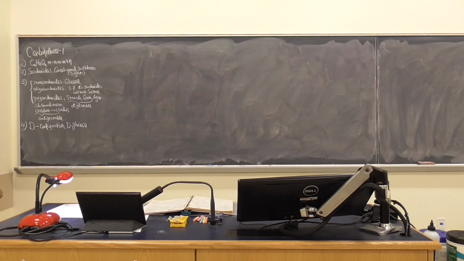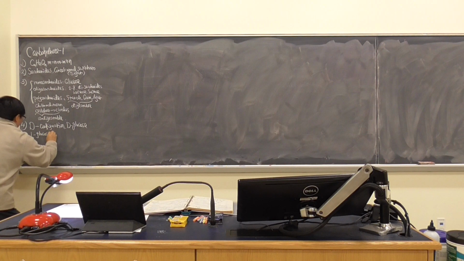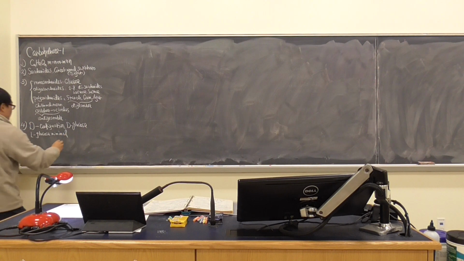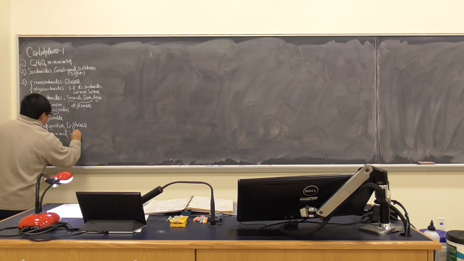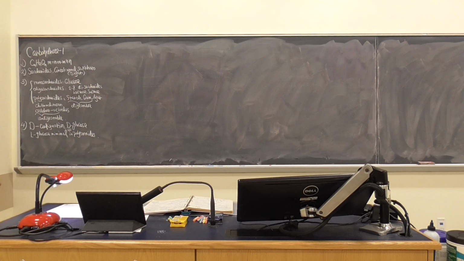Do we have an L configuration? Yes, we have. L-glucose, only very minimal in nature. Sometimes it happens in polysaccharides as components. And we will get to the detail of what a D-glucose means.